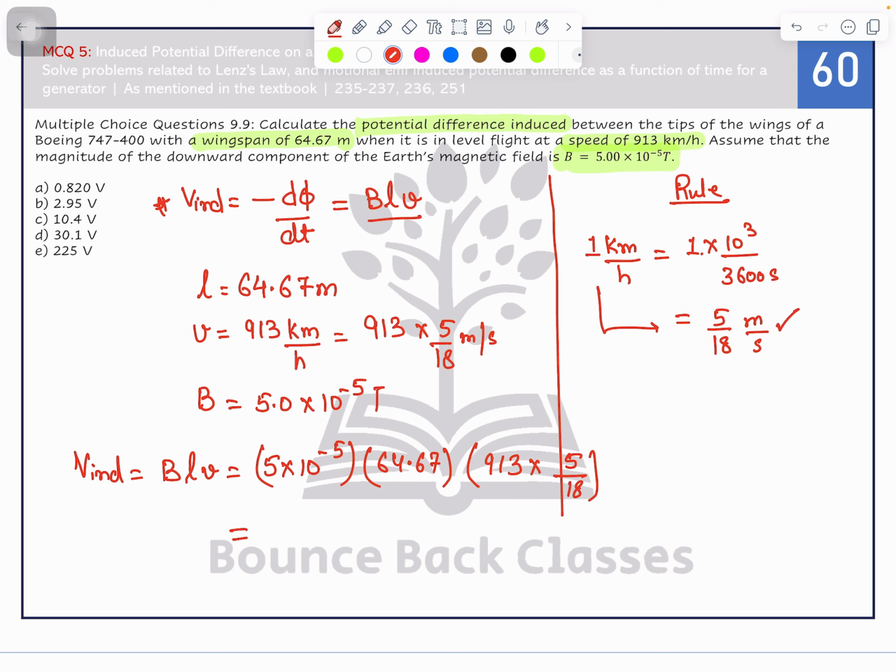Solve it. The answer should be 0.820 volt. So this is your option A. Clear, guys? Understand?